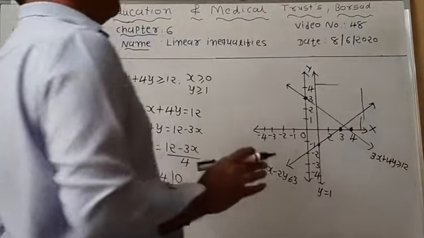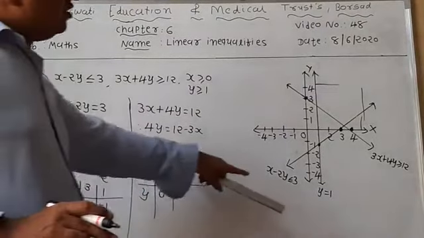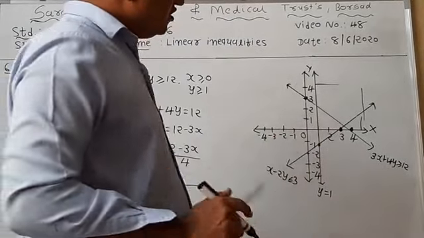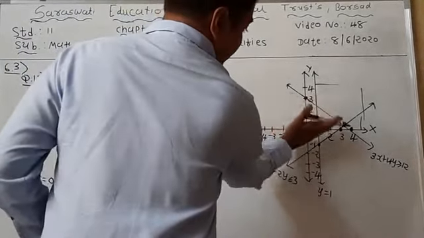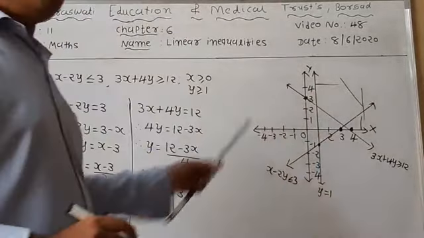Now the shaded portion of the first line: the condition is true, so the shaded portion is on the origin side, that means this side.